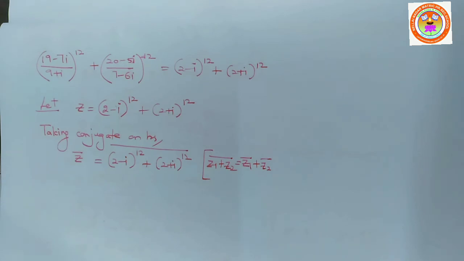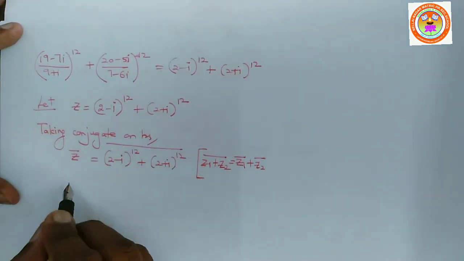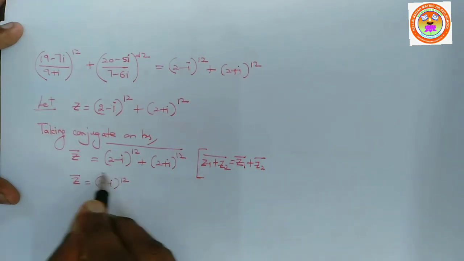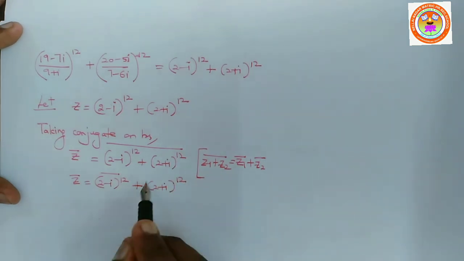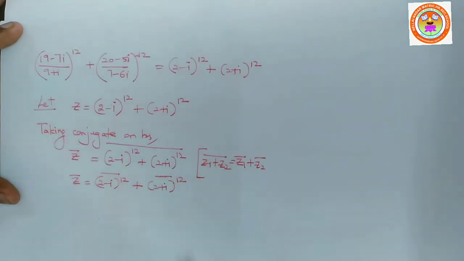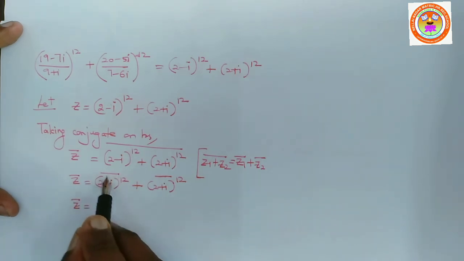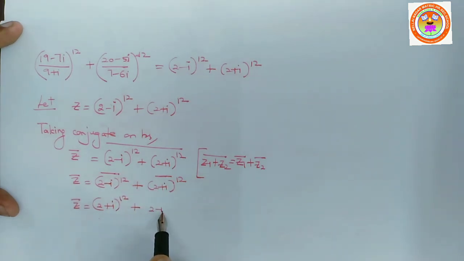Using this property I am going to separate the conjugate. So z bar is equal to the bar of (2 minus i) whole power 12 plus the bar of (2 plus i) whole power 12. Now z bar is equal to 2 minus i, remaining the conjugate becomes (2 plus i) whole power 12, plus 2 plus i which becomes (2 minus i) whole power 12.